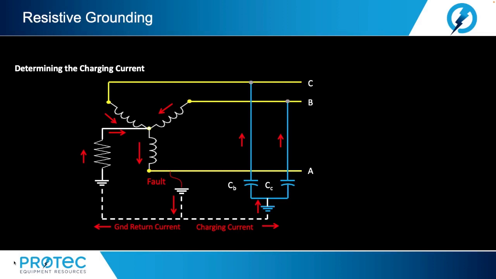Estimating the charging current. This is the preferred method for determining the charging current of a system. IEEE Standard 141, IEEE Recommended Practice for Electric Power Distribution for Industrial Plants, recommends a resistance value that limits the maximum ground current between 5 amps and 10 amps for high resistance ground systems.